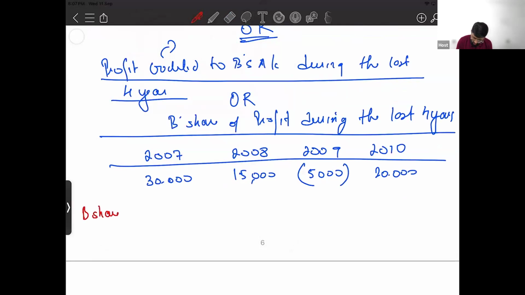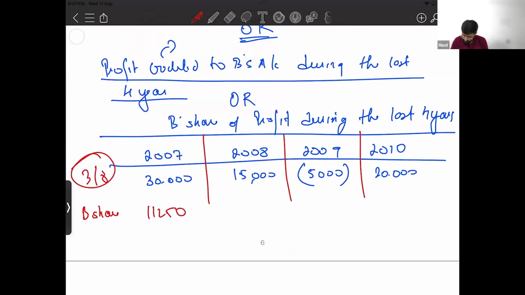B's share in 2007: the profit sharing ratio is 3/8. So 30,000 into 3 divided by 8 is 11,250.